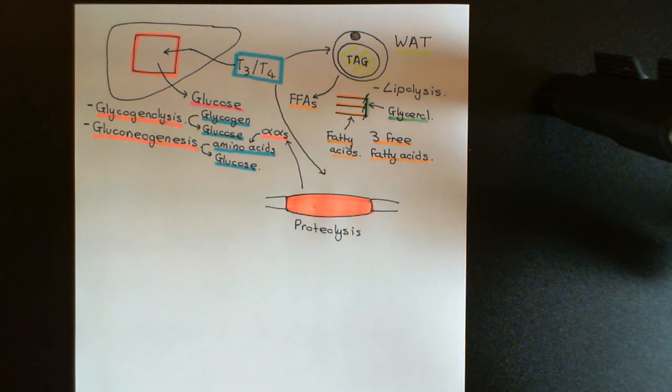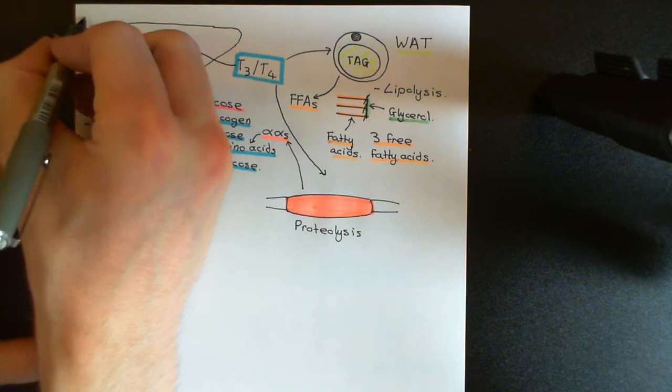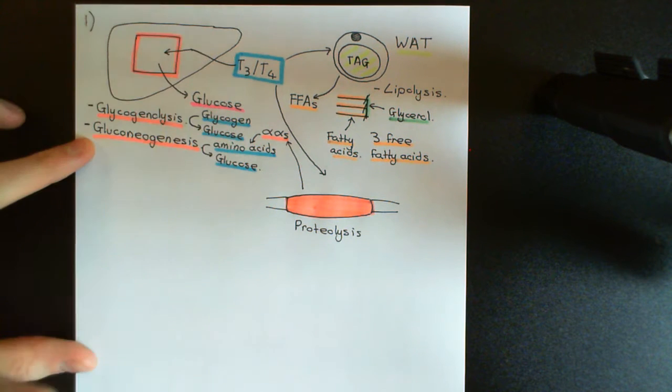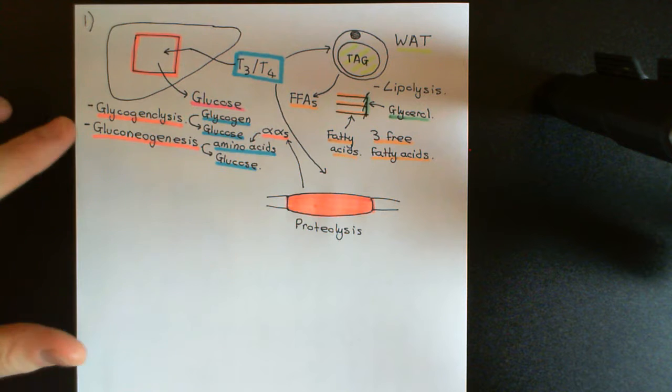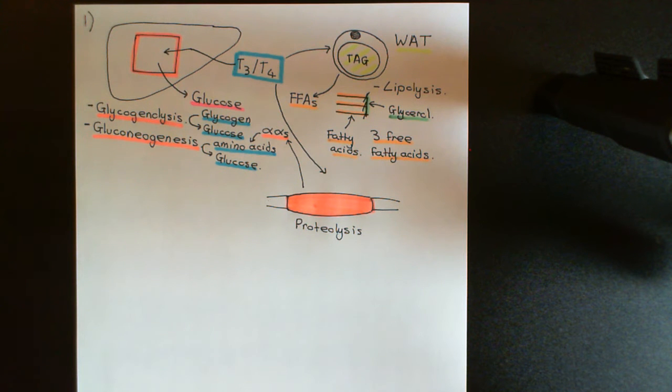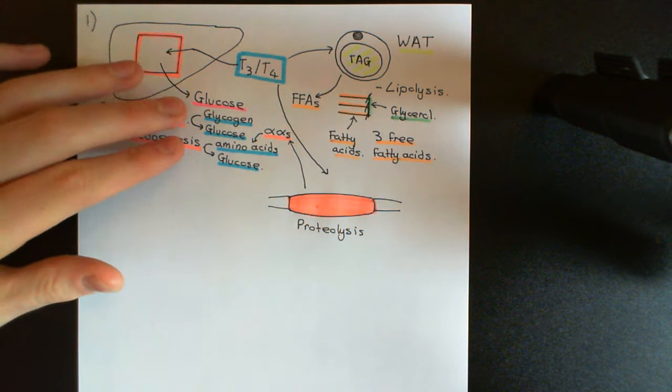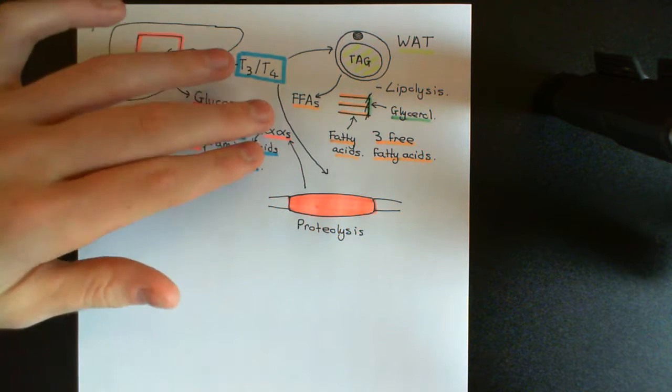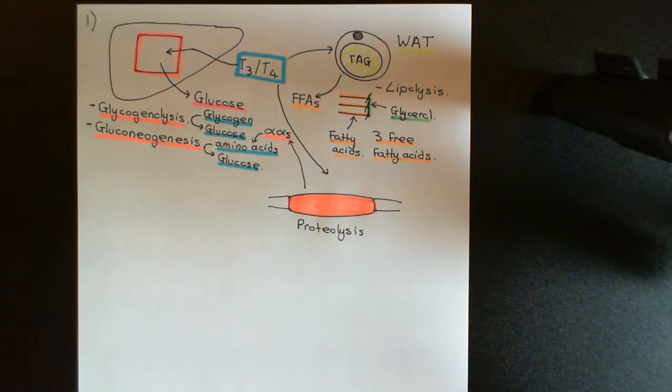And of course they can be used for other things around the body as well. So this is what T3 and T4 do. This is one of the major effects of them. So this is category number 1 of the effects of T3 and T4, that they continuously, tonically trigger mobilization of these energy sources, so carbohydrates, lipids, and proteins, into the bloodstream.